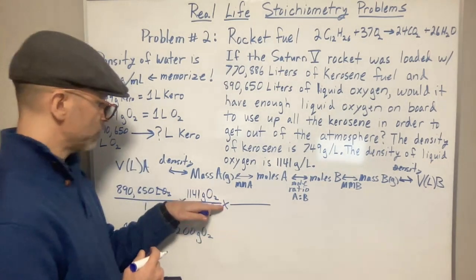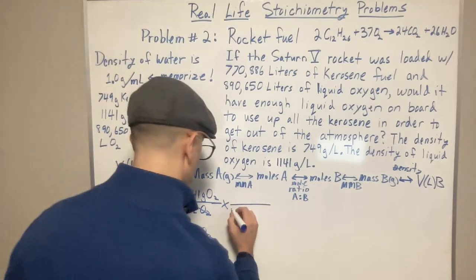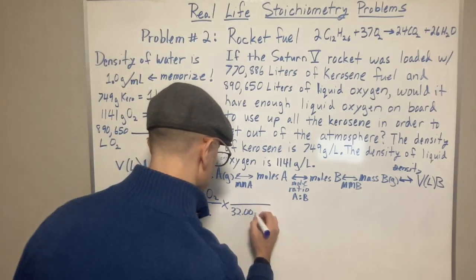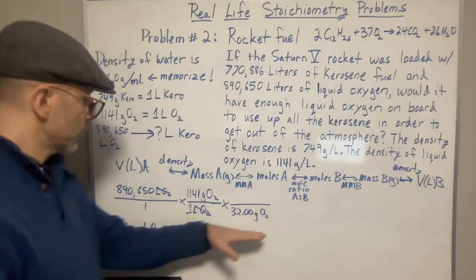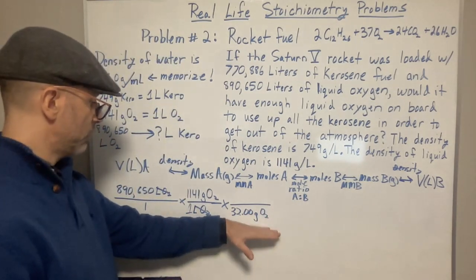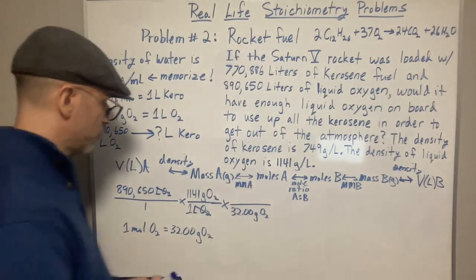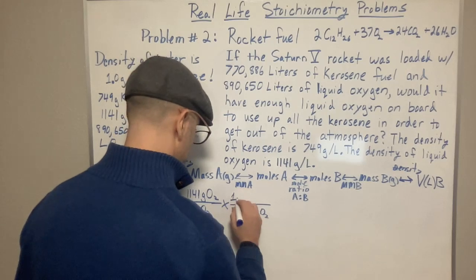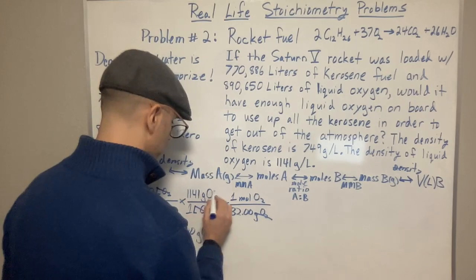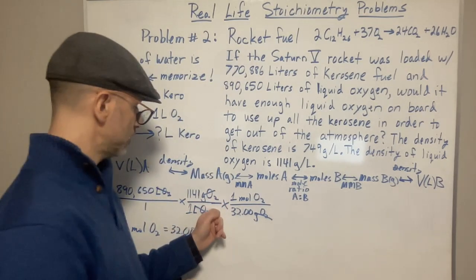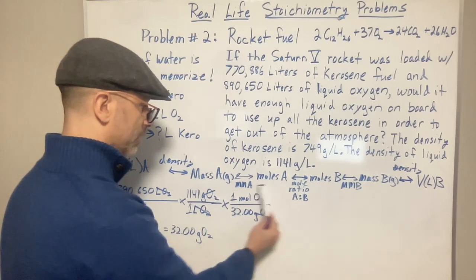Since we have grams of O2 on the top, we're going to put grams on the bottom to cancel out. So that's going to be 32.00 grams of O2 on the bottom, and then 1 mole of O2 on the top. So grams of oxygen cancel out. Now I have moles.